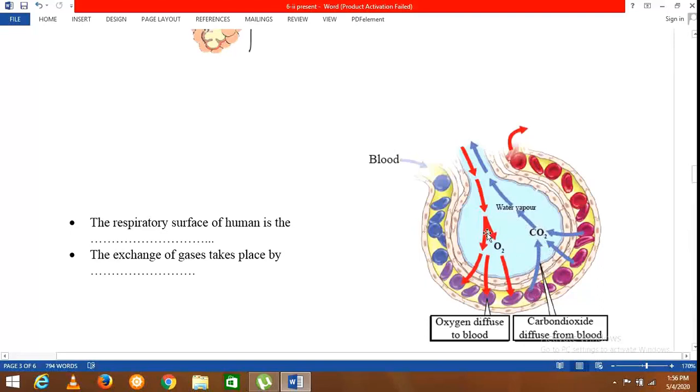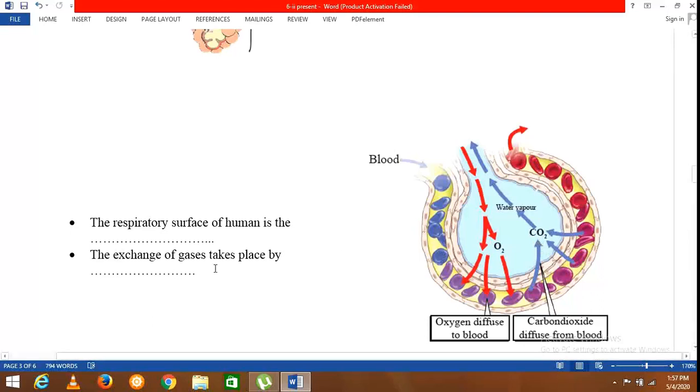So, gaseous exchange takes place through the alveolus by means of diffusion. As the oxygen concentration is high, oxygen enters the blood capillaries from the alveolus by means of diffusion, and from the blood capillary, carbon dioxide and water vapor are diffused into the alveolus.